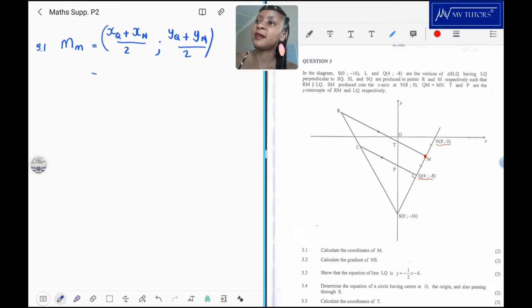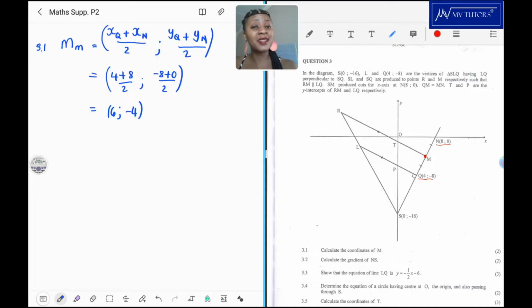Okay, so we already have Q, its x-coordinate is 4, and N, the x-coordinate is 8. The y-coordinate of Q is negative 8. Then we have 0 for N. Alrighty. So finally, we have 4 plus 8 is 12, divided by 2 is 6. And then we have negative 4 this side.